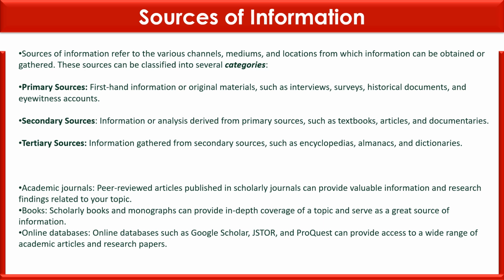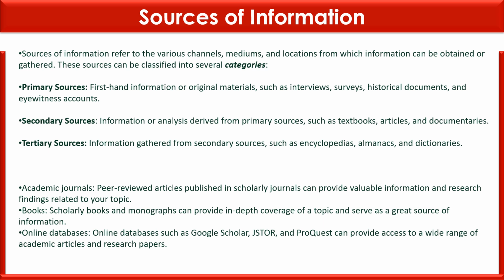Secondary sources are information or analysis derived from primary sources, such as textbooks, articles, and documentaries. Whereas the last category is tertiary sources, information gathered from secondary sources such as encyclopedias, almanacs, and dictionaries.